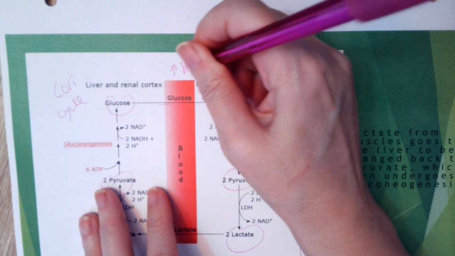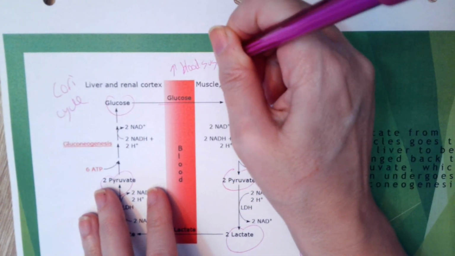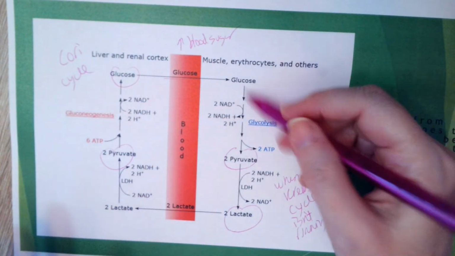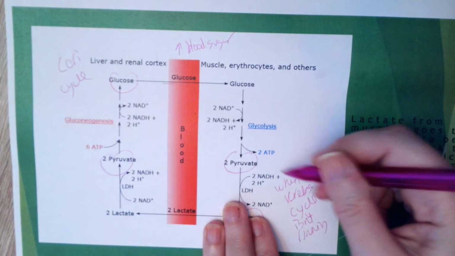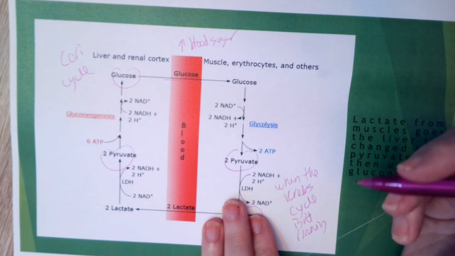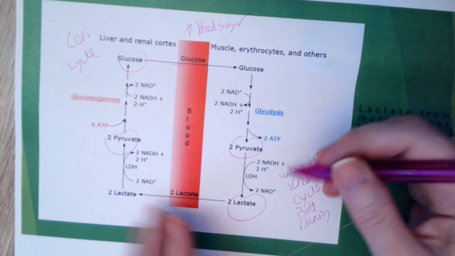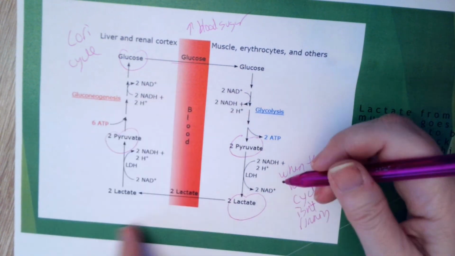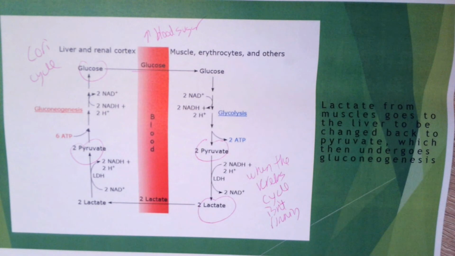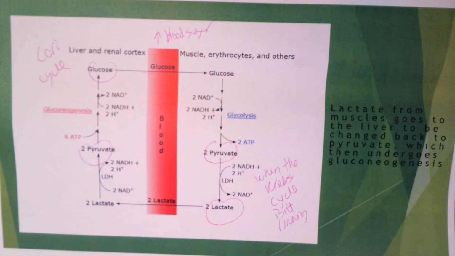That can then be used by the cells again to run glycolysis and make more pyruvate. Either the pyruvate will be used in the Krebs cycle and the electron transport chain, but if you run out of oxygen or if you go into a starvation mode, then we just keep running the Cori cycle. Okay, so that is it for our gluconeogenic amino acids, or glucogenic amino acids.